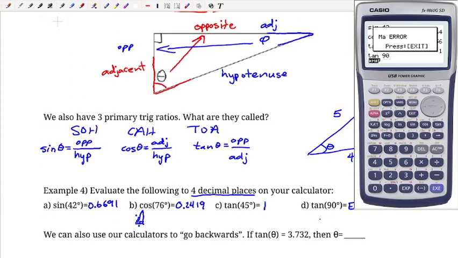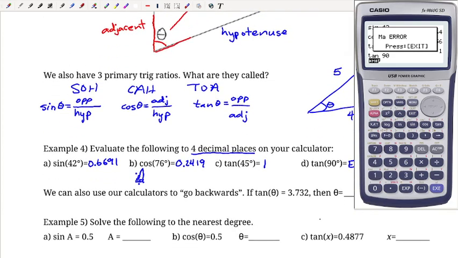Okie dokie. We can also use our calculators to quote-unquote go backwards. In other words, if we know what the ratio of the sides is, your calculator can tell you what the angle in the triangle is. So, for example, if I know that the tangent of my angle is 3.72732, then I can figure out what angle produced this ratio of sides.